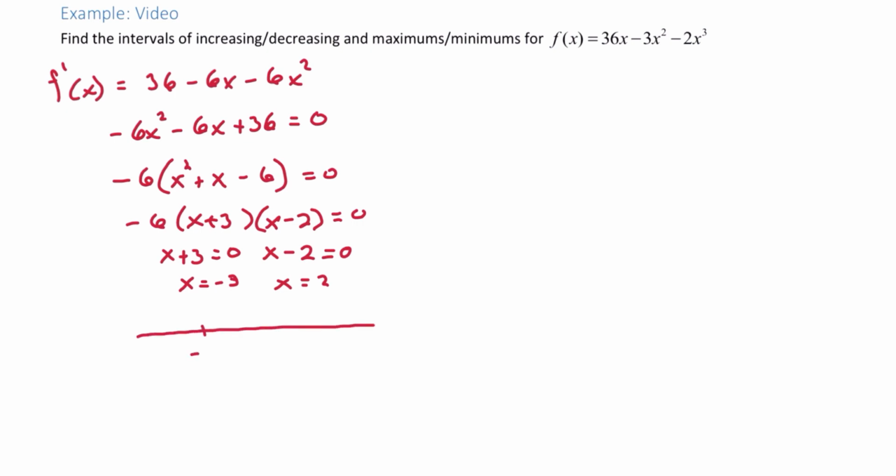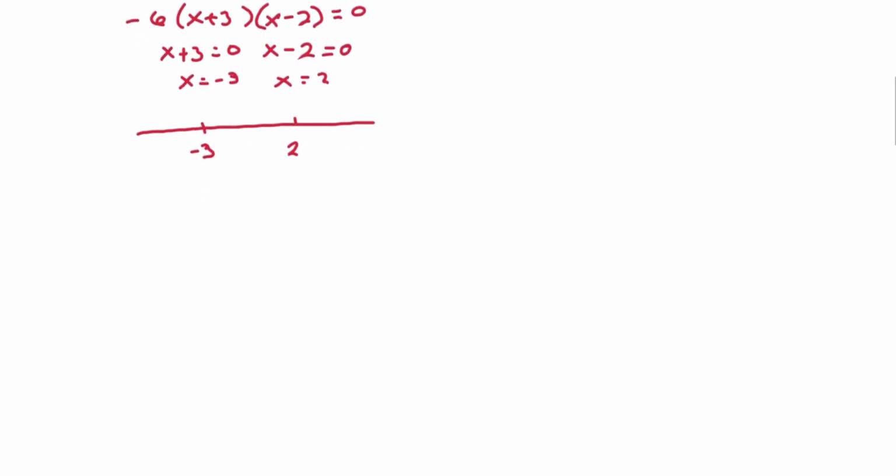So we'll put those on a number line. Notice that those two values are splitting up the number line into 3 different intervals. From here, we'll create a table.